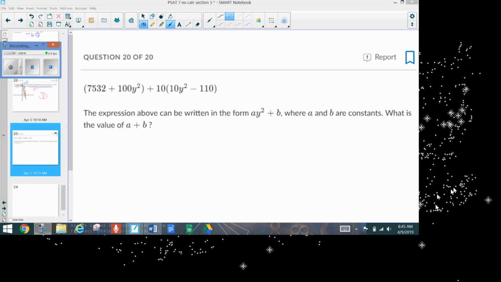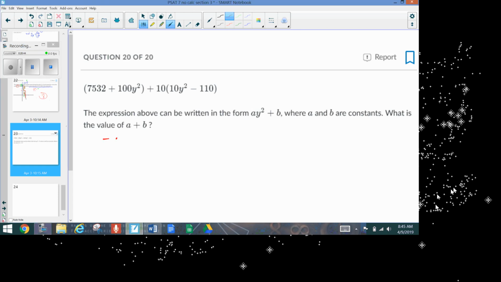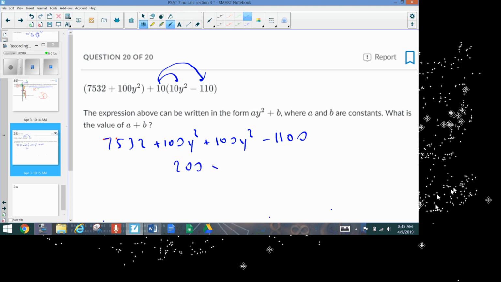In this question, we'll just distribute and add stuff. 7, 5, 3, 2 plus y squared plus 100, 10 times 10, 100 y squared. When you multiply by -1, 1, 0, 0. So 200. Add like terms.